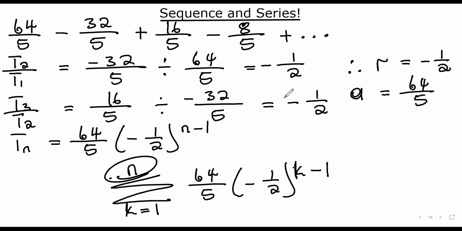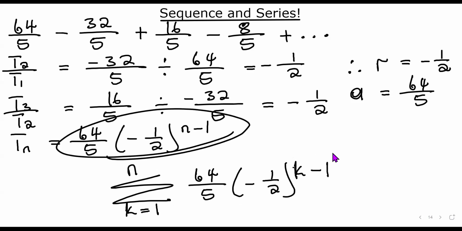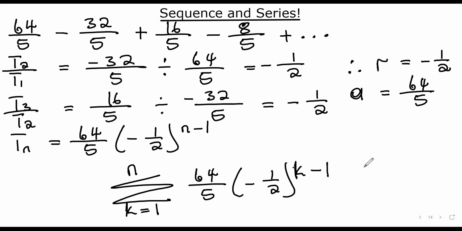And the last value that we are substituting is k equals n. So yes, that is your series in sigma notation. You just need to know the general term as well as the number of terms, and it's over and out.